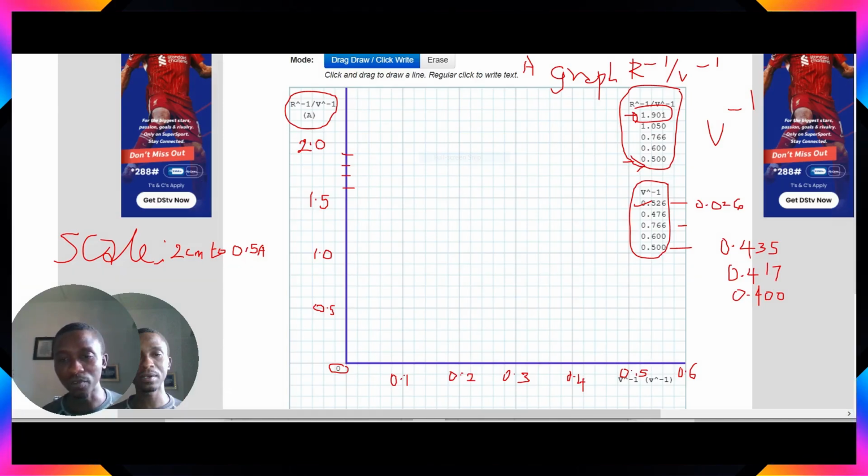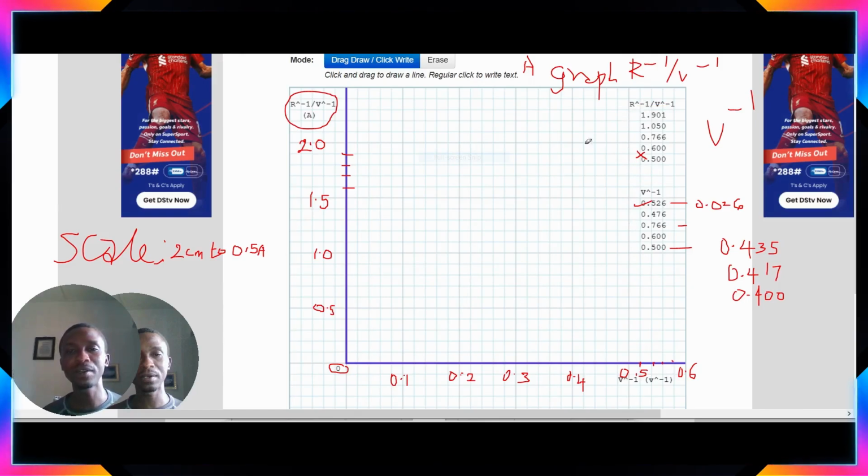If this is 0.5, this should be 0.52, 0.54, 0.56, 0.58, 0.6. So 0.526 is here. Then going to 2, our point is supposed to be here. So that's where our value is supposed to be.